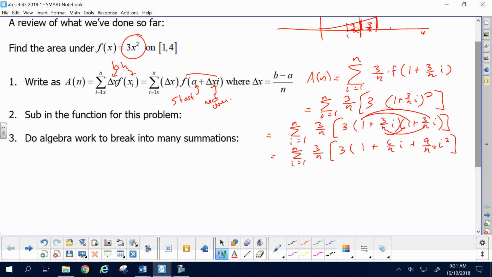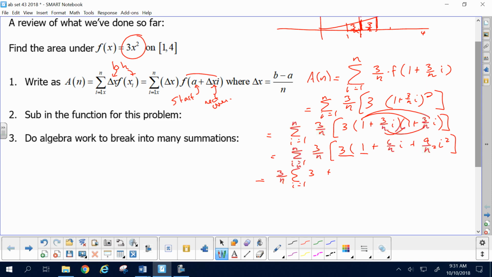All right. Now then, the many summations. The first term I'd have is a constant in there. Altogether, I'd have a 3, and I'd have a 3n out front. So I could write 3n times the sum of a bunch of 3's.